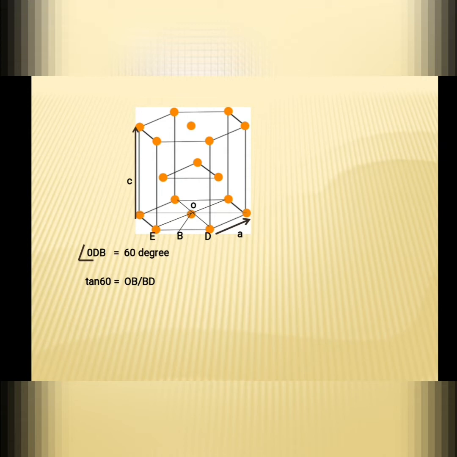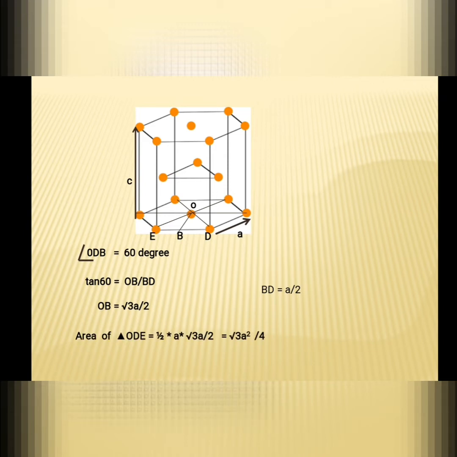Now the angle ODB is equal to 60 degrees and tan 60 degrees is equal to OB by BD. Then BD is equal to A by 2. You can see that as ED is equal to A, then BD is equal to A by 2, and putting this value we can get OB is equal to √3 A by 2.